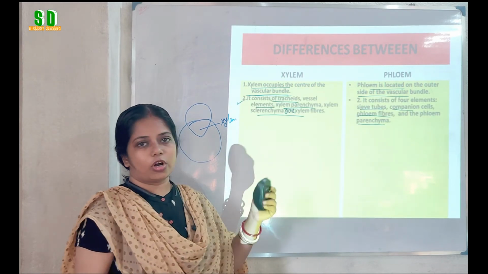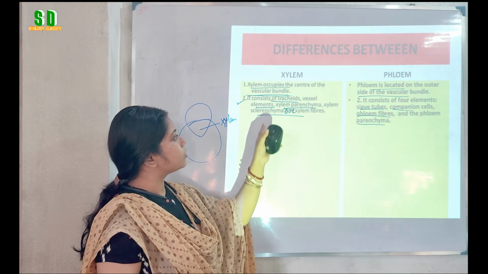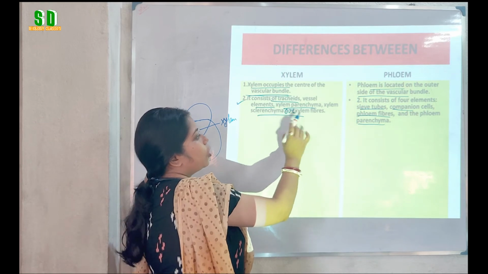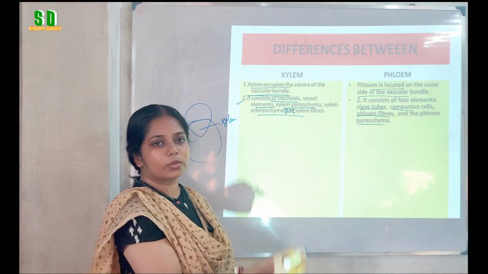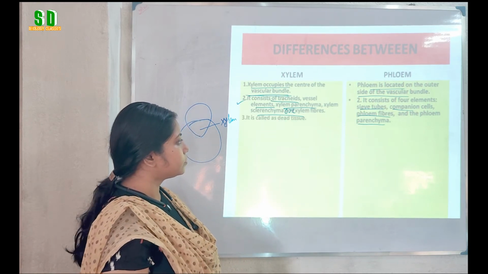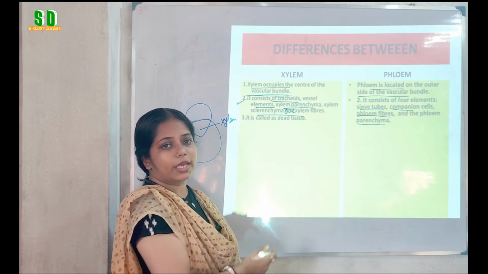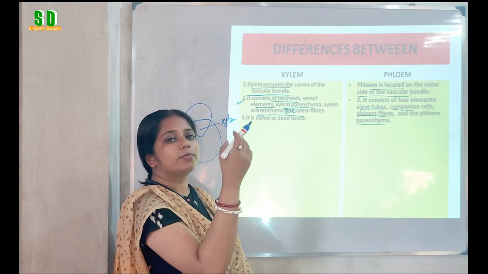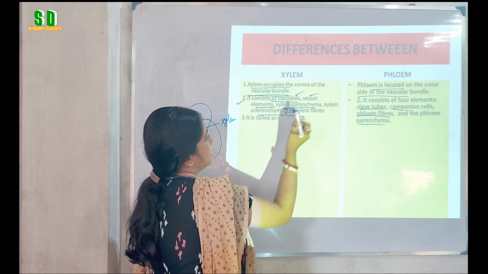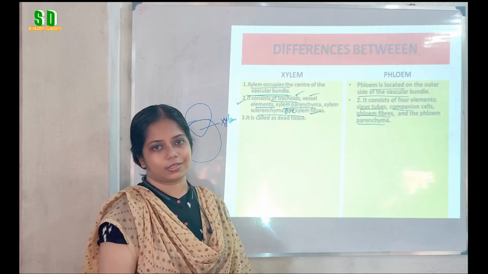So what are the different components of the xylem tissue and the phloem tissue? The components of xylem tissue are tracheid, vessel element, xylem parenchyma, and xylem sclerenchyma or xylem fibers, and the components of the phloem tissue, just now we have learnt. Now when we studied the components of the xylem tissue, we learnt that out of these four members, the tracheid, vessel and the xylem fiber, all these three are dead cells.